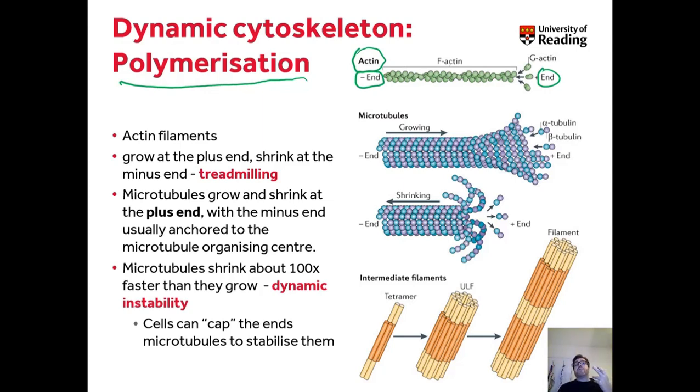Microtubules, as you've probably already seen in the video, they both grow and shrink at the plus end. Okay, so the minus end is normally anchored to that microtubule organizing center, which is near the center of the cell.